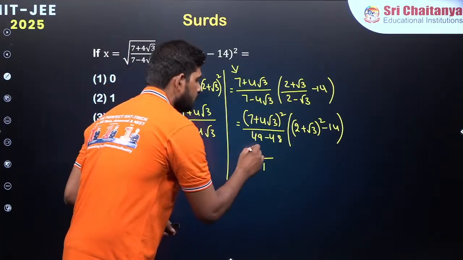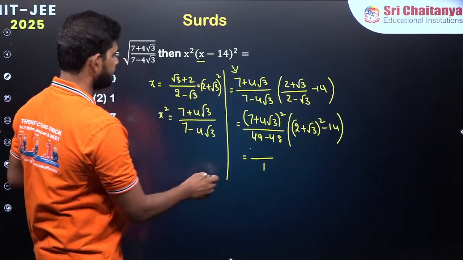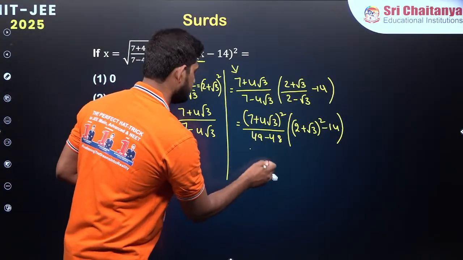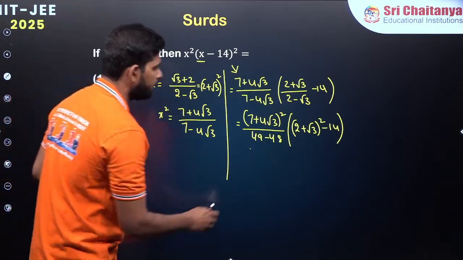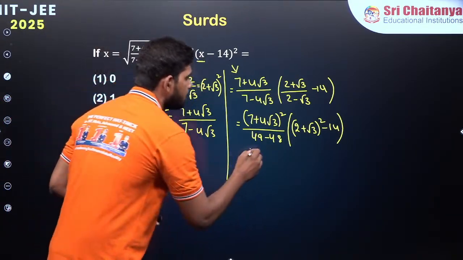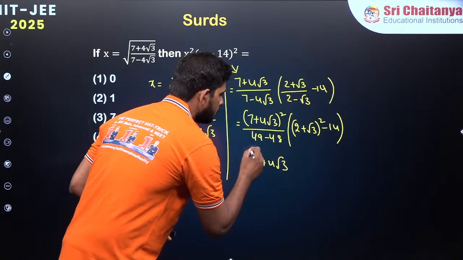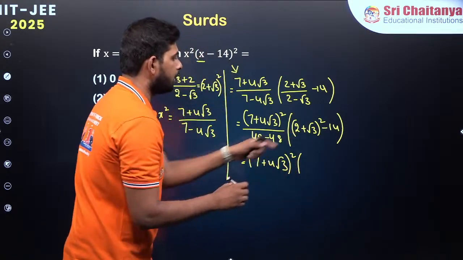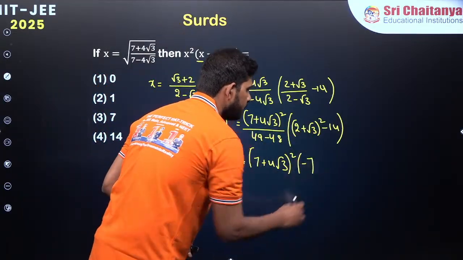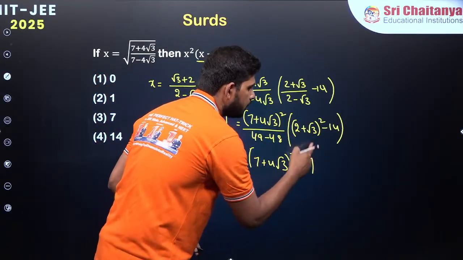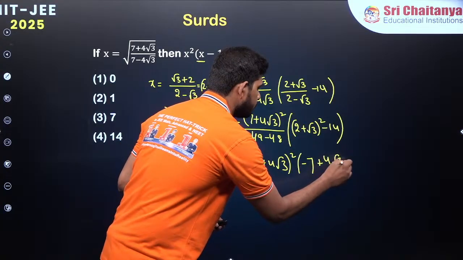And what about this? 7 plus root 3 whole square you are writing. Right. So what will be this value here? 7 plus 4 root 3 whole square. And here you can write 2 square is 4, 7 minus, that is giving us minus 7, and 7 minus, if I am writing, that is going to be 4 root 3, right?